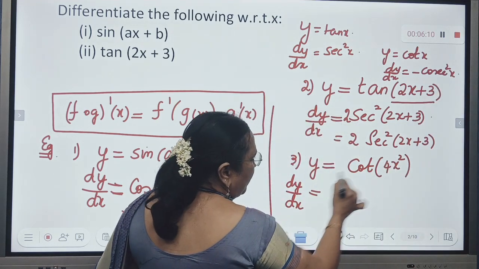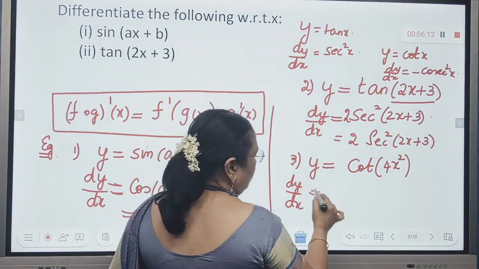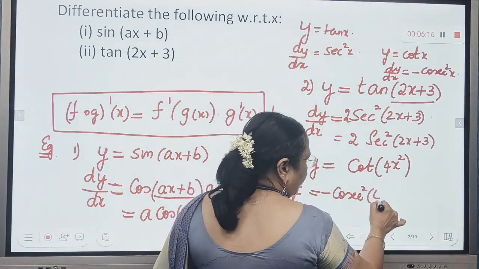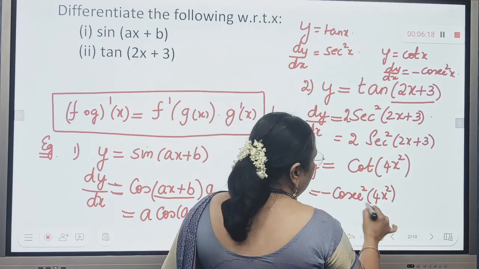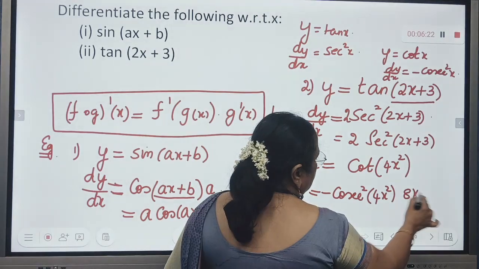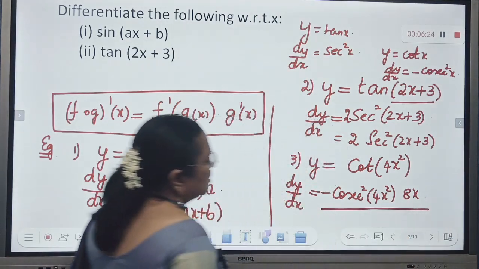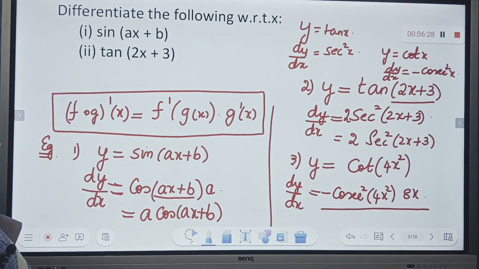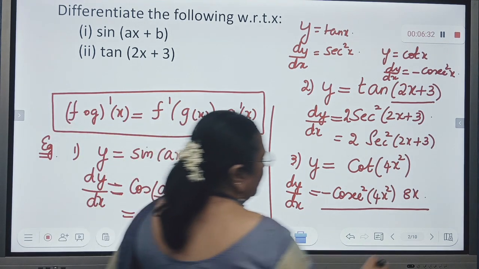So if y equals cot of 4x square, dy by dx will be minus cosecant square of 4x square into the derivative of 4x square, which is 8x. So it is 8x into minus cosecant square of 4x square. As we do more and more problems, you will get the hang of it.